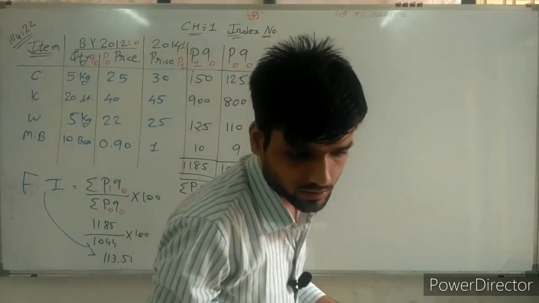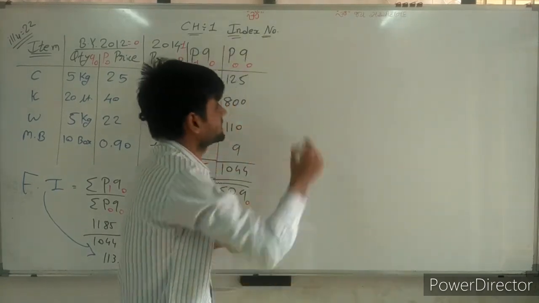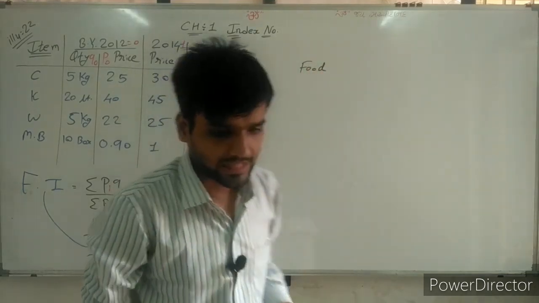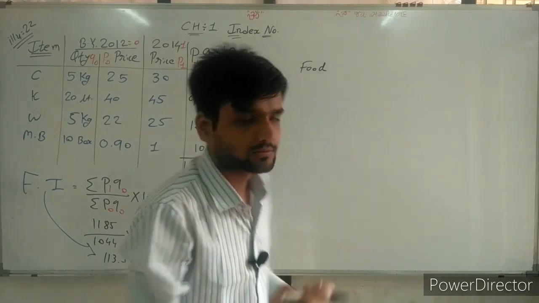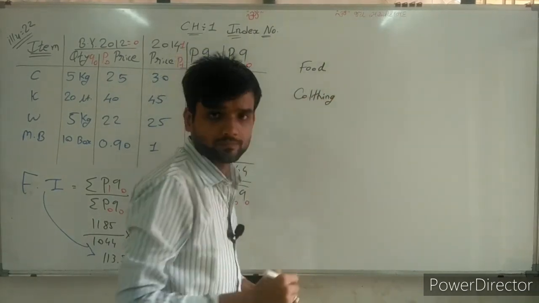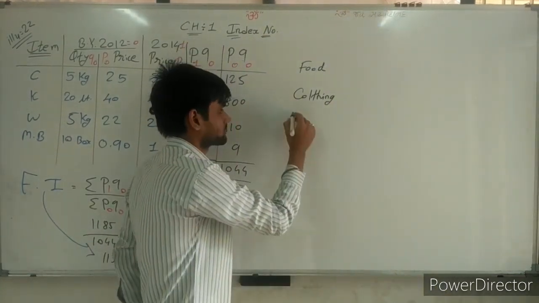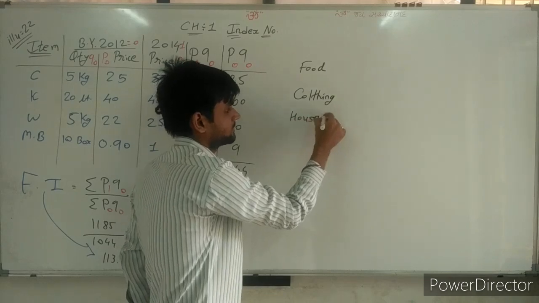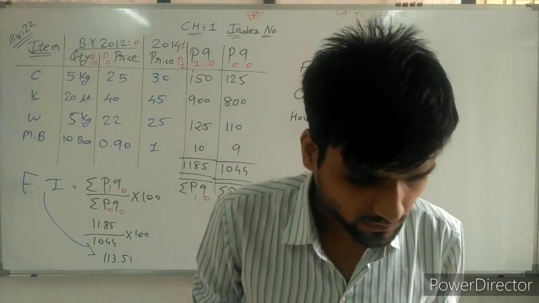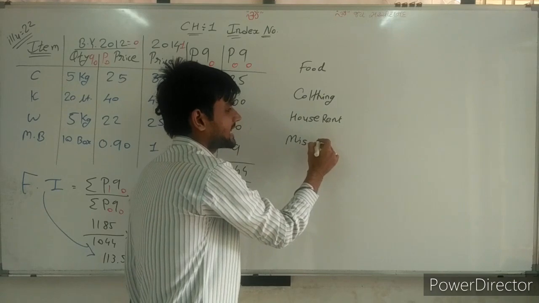So here information is given. If the expenditure for food, so first is food, then clothing, next house rent, so house rent, next miscellaneous group, miscellaneous expenditure.